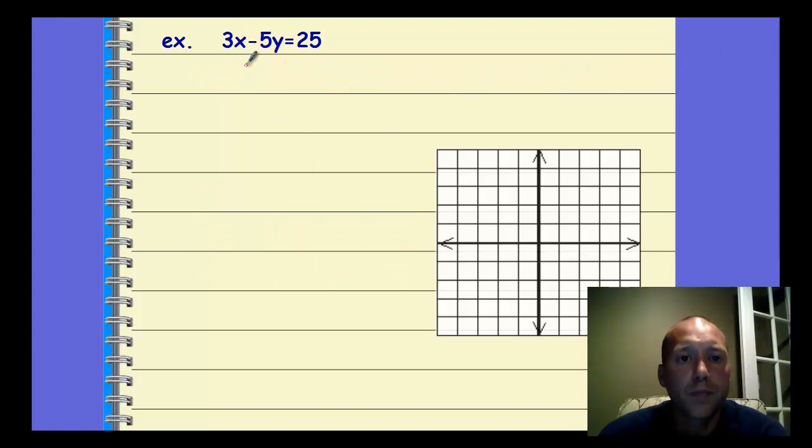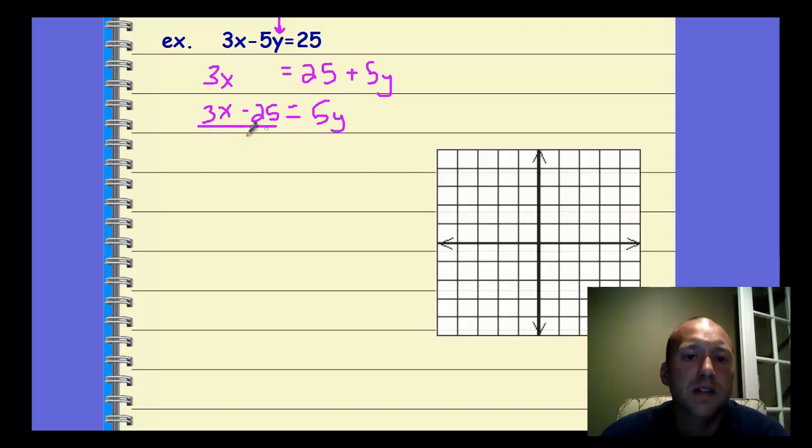So here we go. Let's put this into slope-intercept form first. Again, we know it's not, because y is not isolated, not solved by itself. So I want to first get y by itself. You can do that many ways. I would add 5y to both sides first, so that I'm putting it on the right-hand side. Then I would subtract 25. And then the last step is to divide by 5. We're dividing the entire left side by 5 and the right side by 5 to isolate the y.